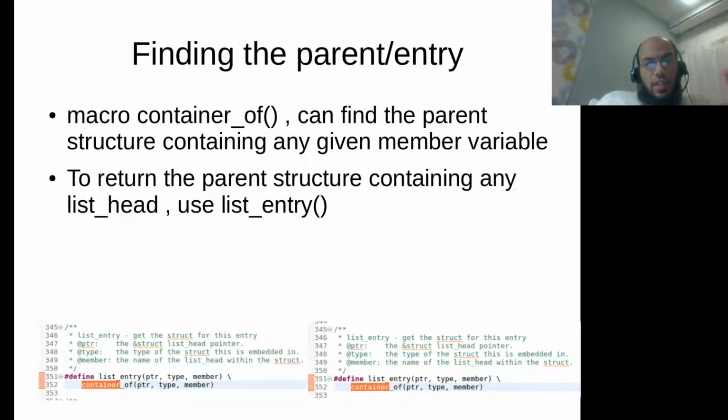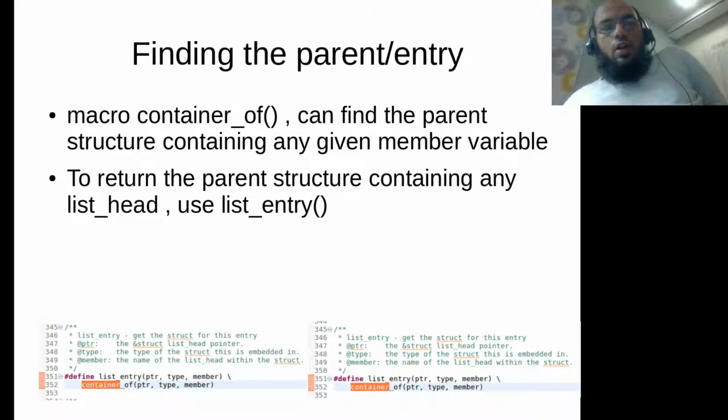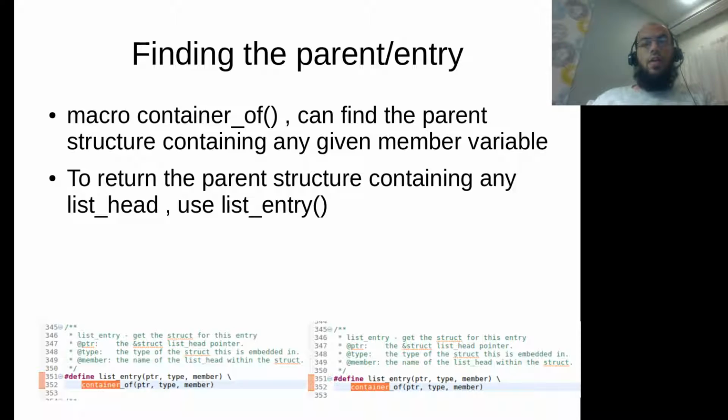Container of is able to return to you the parent structure containing any given member, because in C, the offset of a given variable in the structure is fixed at compile time.